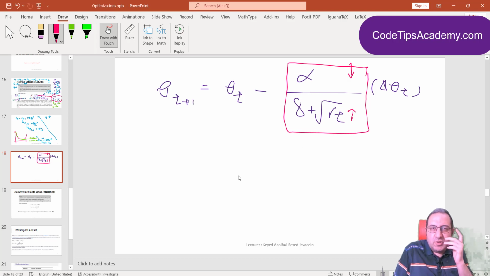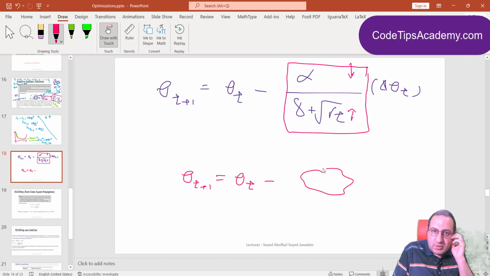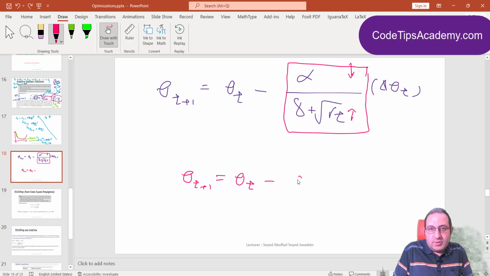And the smaller division, what does this mean? This means that when we are very close to the global minimum, we subtract something with a very little number here.